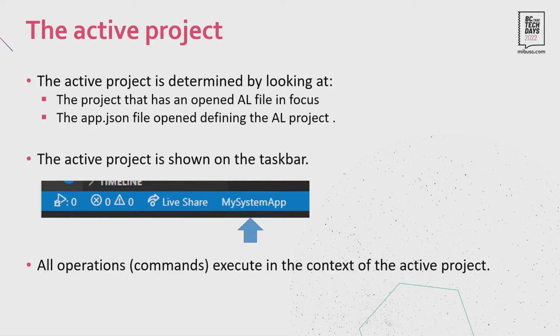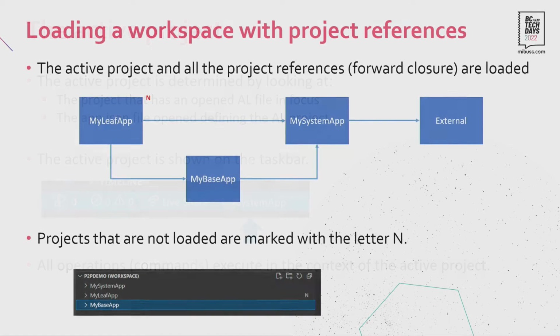Now, if you have a workspace with multiple projects, loading them is a bit tricky, as you probably know, and we got a few complaints. There are some rules, so let me explain these rules for you. Let's assume that I have a relationship like this. I have a myleaf app that has a project reference to a MySystem app. And then myleaf app also depends on MyBase app.